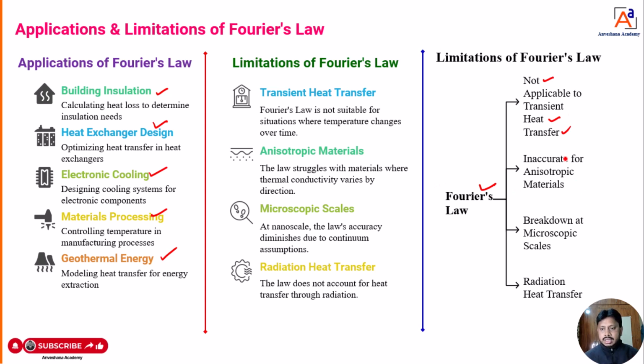It is also inaccurate for anisotropic materials. If a material has variable thermal conductivity, then we can't use Fourier's law of conduction in that case. Also at the microscopic or nanoscale, the accuracy is not so good, so if heat transfer is happening at a small nanoscale, we can't apply Fourier's law.